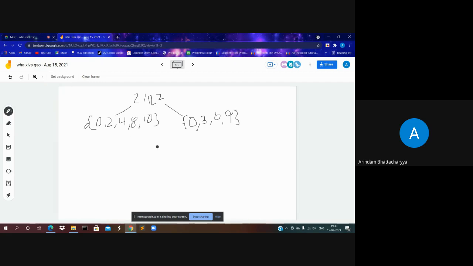What are the other subgroups of this? I forgot a 6 here. You have to make it by using 0 and 1.